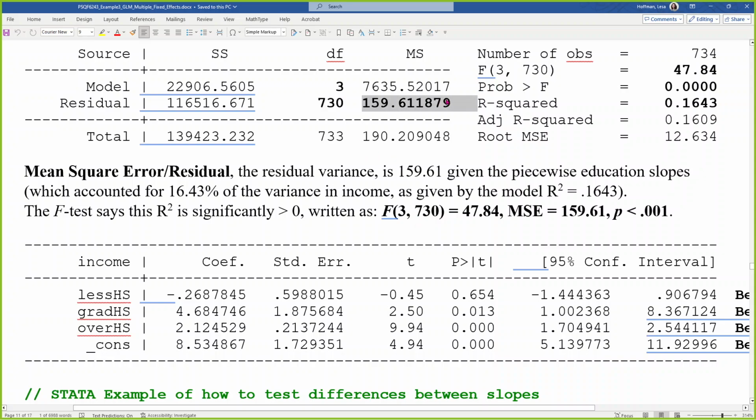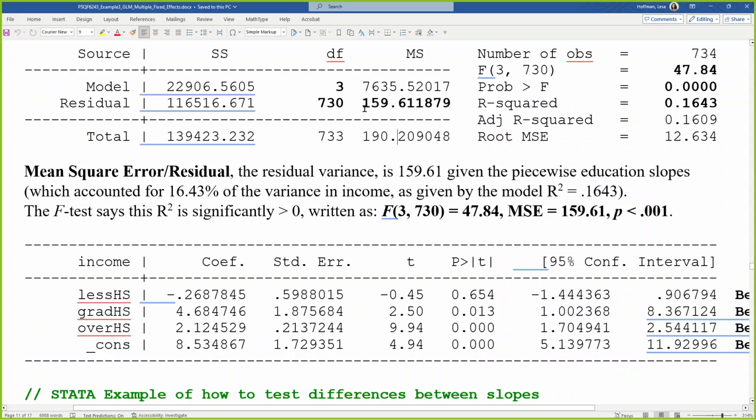What's that number? 159 tells me what? The residual variance. Residual variance for the win, otherwise abbreviated as mean square error or mean square residual.